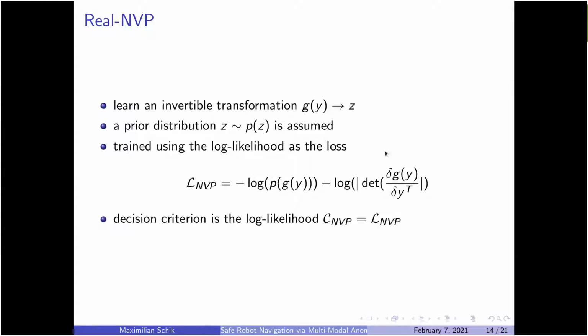And we use a loss function that's the log likelihood, but we have to use the reparameterization trick. And it looks like this. And we can just use the log likelihood as a decision criterion. So an anomalous sample would have a low likelihood, and a not anomalous sample would have a high likelihood, or at least a higher likelihood.